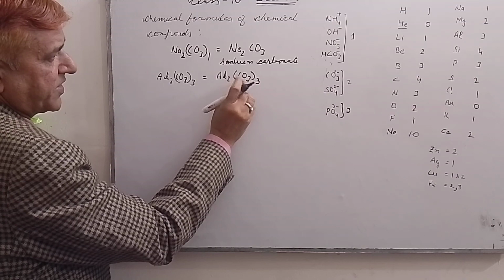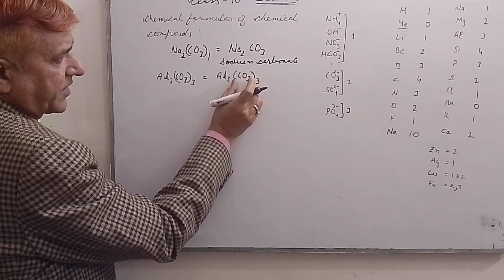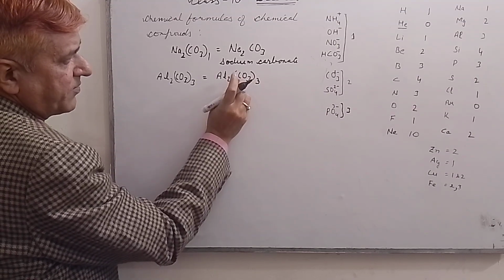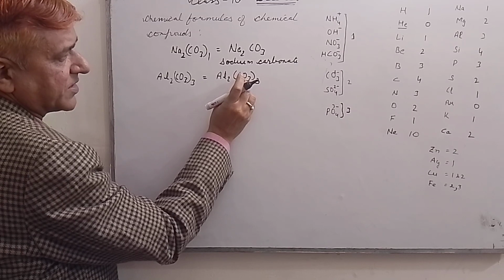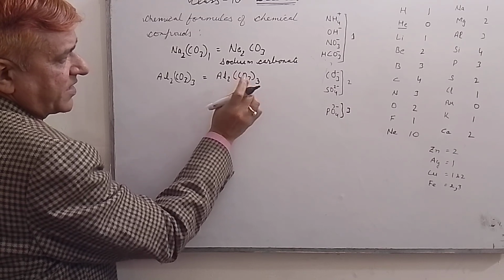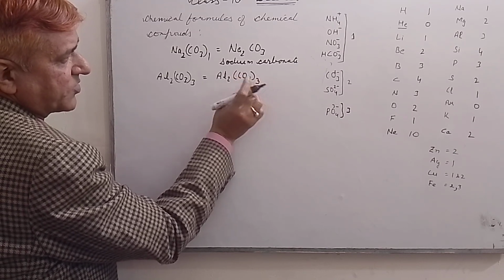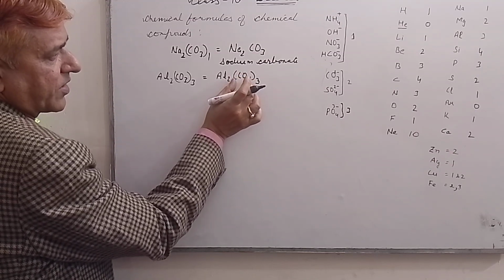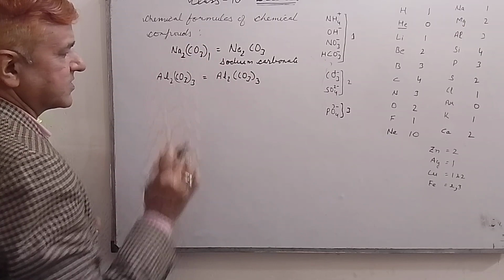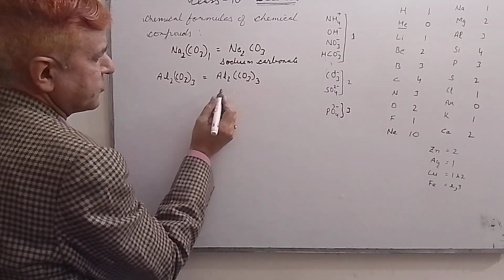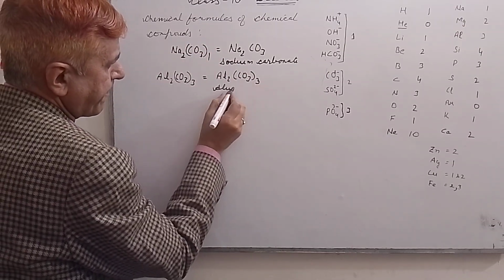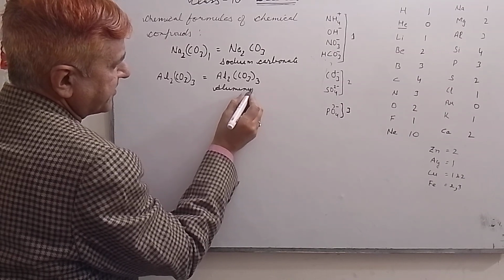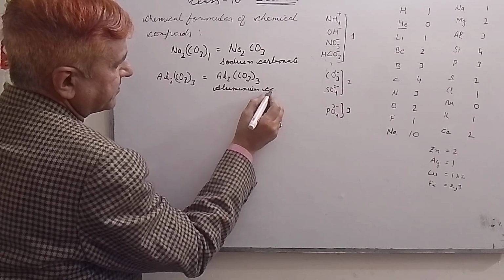I have written carbonate inside brackets because we have two elements, carbon and oxygen, so the 3 is related to both of them. That is why I have written CO3 inside brackets. So this is aluminium carbonate.